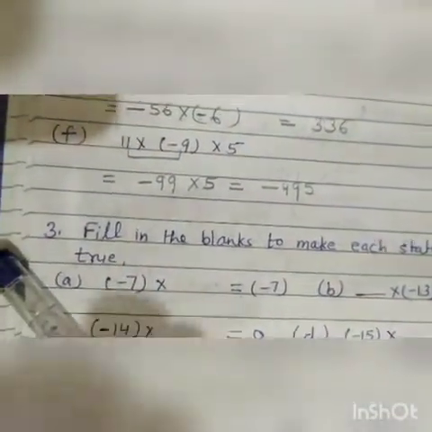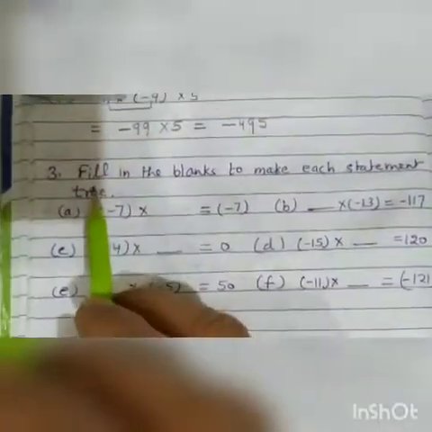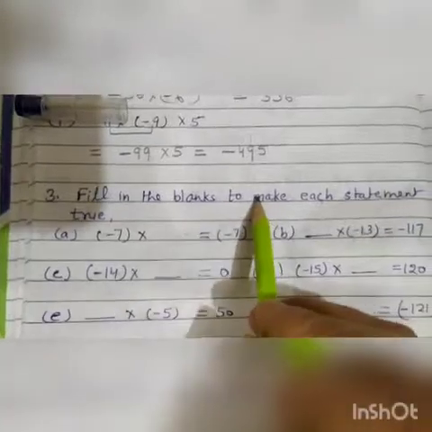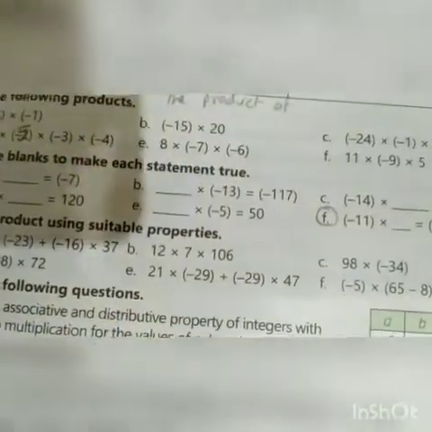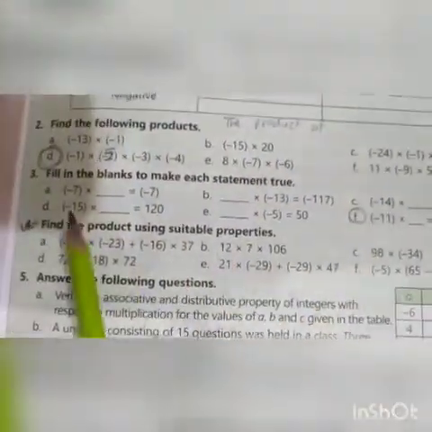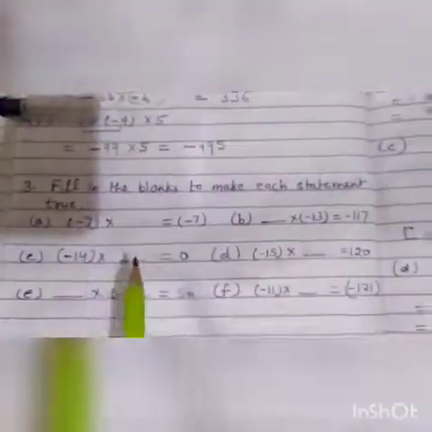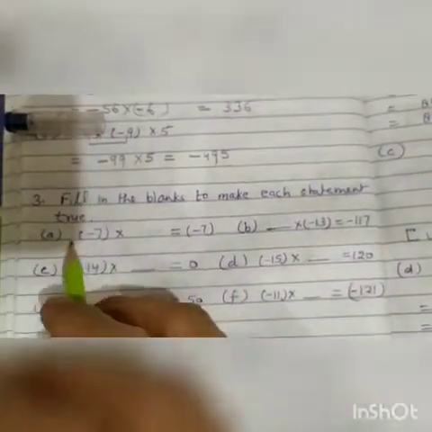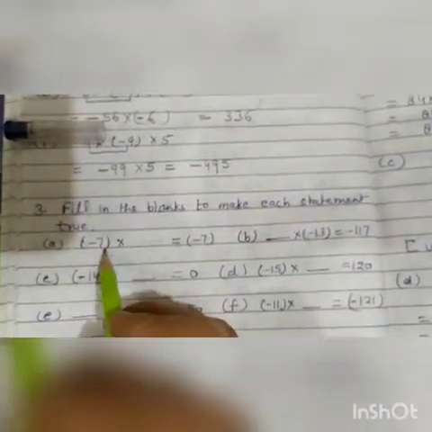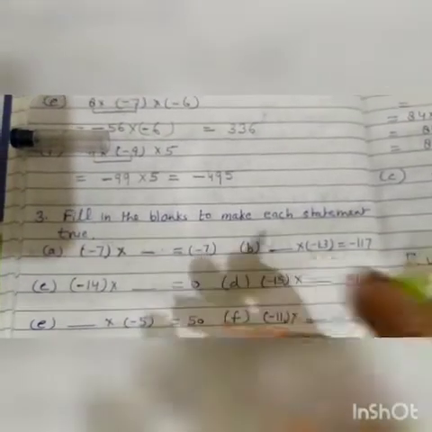Now come to third question. See third question: fill in the blanks to make each statement true. This is the third question in the book. We have written all 6 parts A, B, C, D, E, F. In part A, minus 7 multiplied by blank equals minus 7.